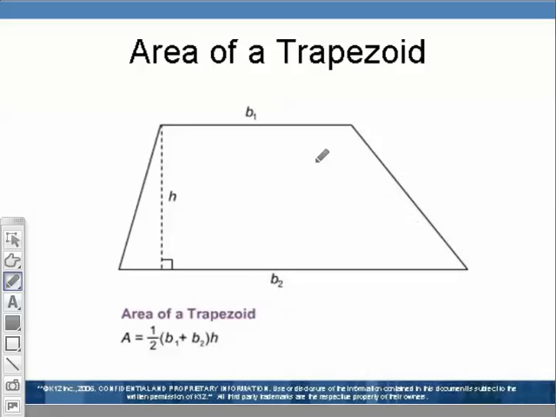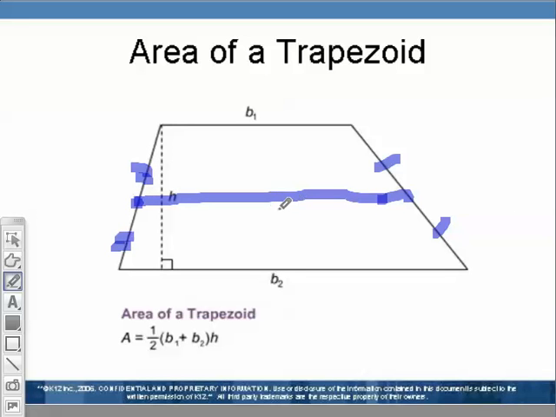So for a trapezoid, that doesn't work because we have two slanted sides. So what we do is we use the mid-segment of the trapezoid. You know, we did that mid-segment last unit, where we found the point that was halfway between these two, and halfway between these two. Connecting those points, that's a mid-segment, and we figured out what that distance was.